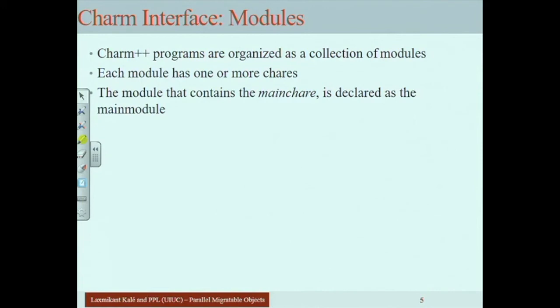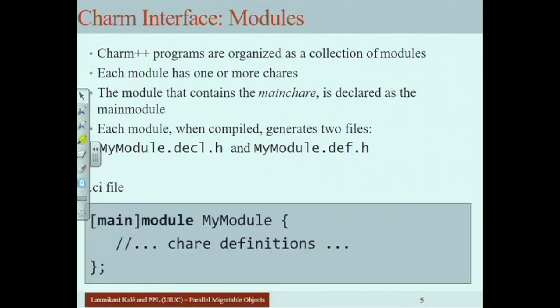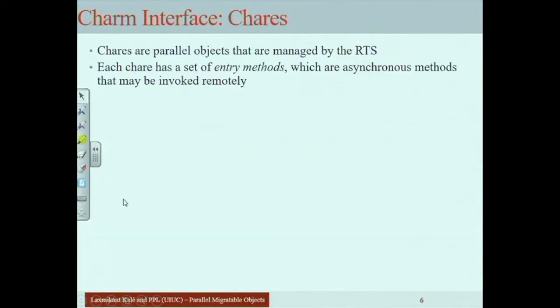The point of the main chare is that program execution begins by creation of an instance of the main chare. Again, we'll look at that when we look at the example. So each module, suppose you have a module mymodule, will lead to mymodule.decl.h and mymodule.def.h. All right, so I think we've seen module, mymodule, chare definitions. If it is a module containing the main chare, then you say mainmodule here.